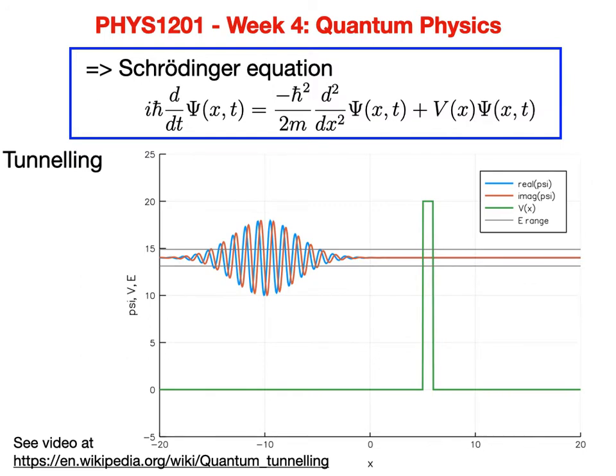with a wall represented in green, so that the potential energy is zero everywhere except at some region in space where it is at 20 arbitrary units, and you send a wave packet with an energy which is below the height of this barrier, so it has only a bit less than 15 arbitrary units of energy.